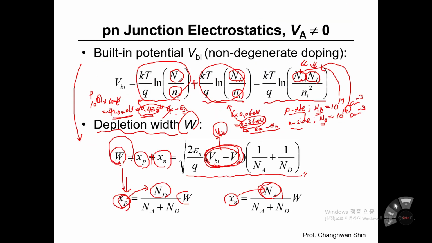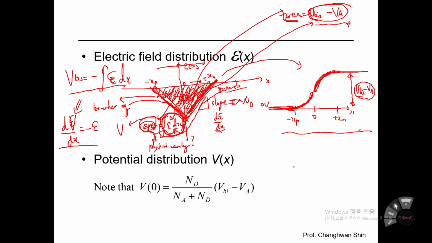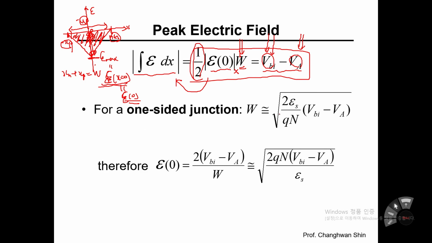Here, the depletion layer width can be obtained once you know the 2 epsilon s, dielectric constant of semiconductor, unit charge, 1.6 times 10 to the minus 19 coulomb, VBI minus VA, you know the VBI, you know the VA, and you know the doping concentration on each side. Then you're gonna get the value for depletion width. Then plug that value into this equation, and then you can get this value.